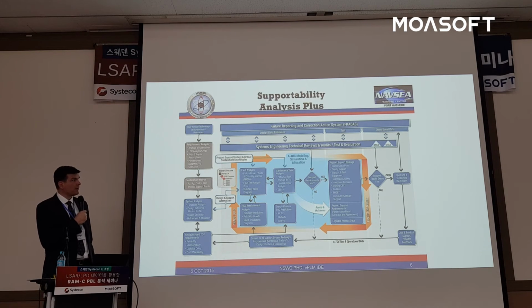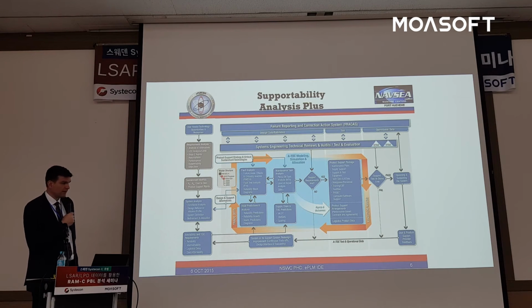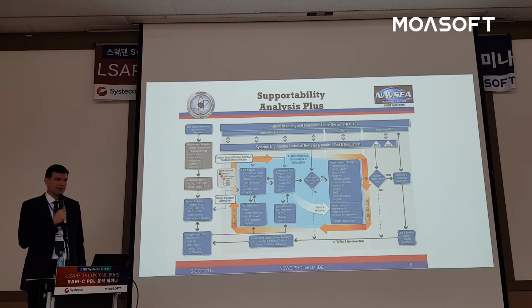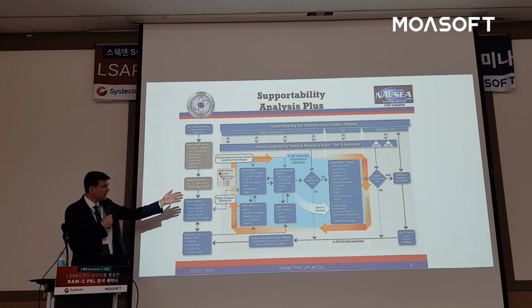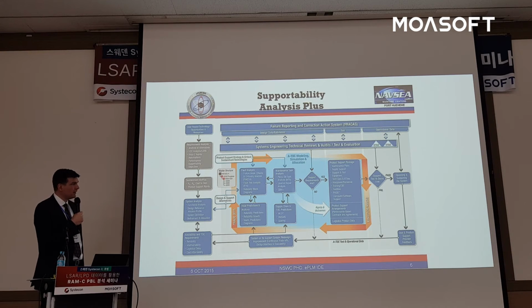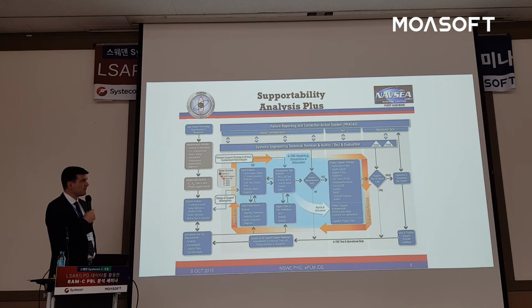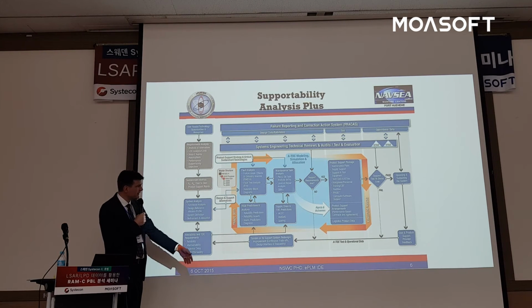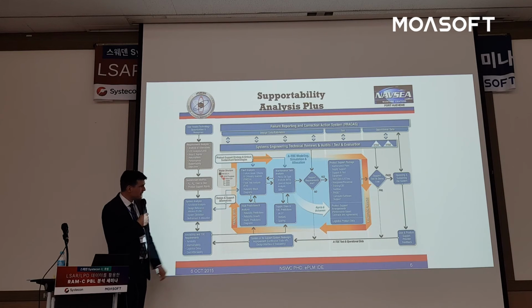Another example, this is from Ram-C, one of our most active customers in the US, and a very complicated diagram, and we will not go through it in detail. But what I wanted to highlight here is that in the center we have all those typical tasks of IPS, for example, failure mode analysis right here, and we have maintenance task analysis and R&M prediction analysis, supply chain, TOC predictions, and so on.